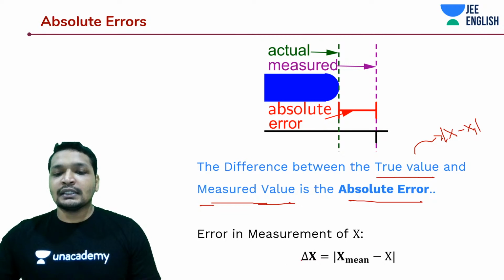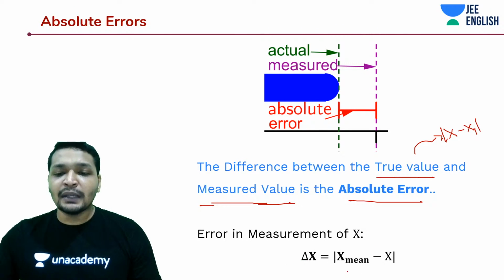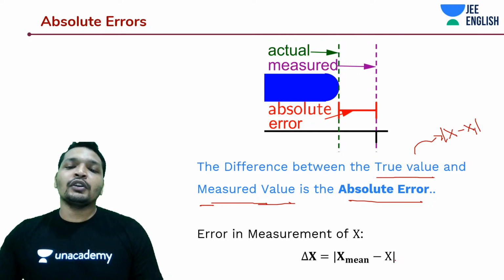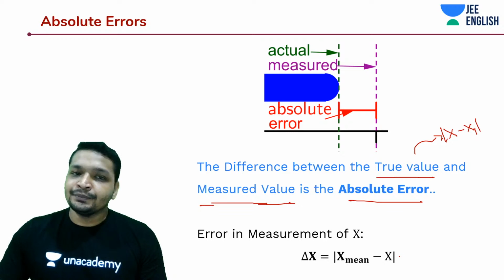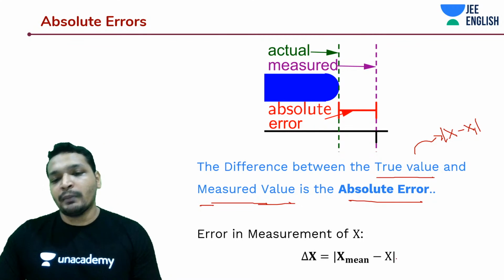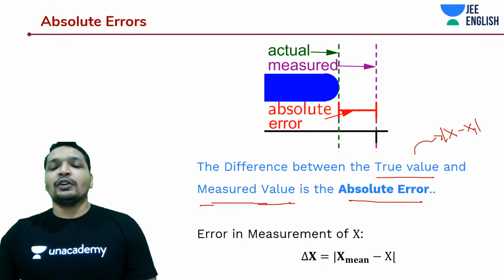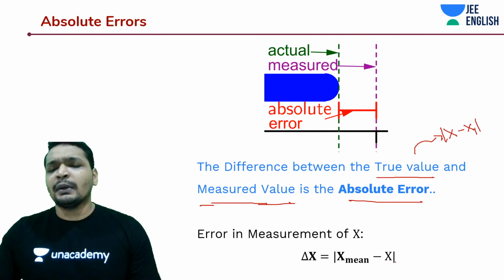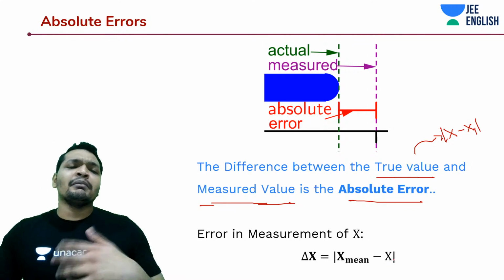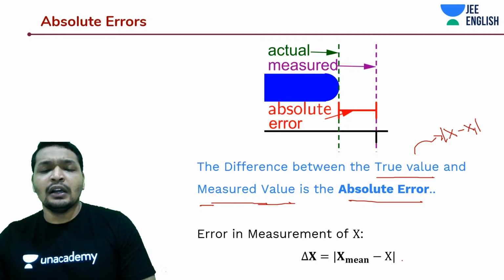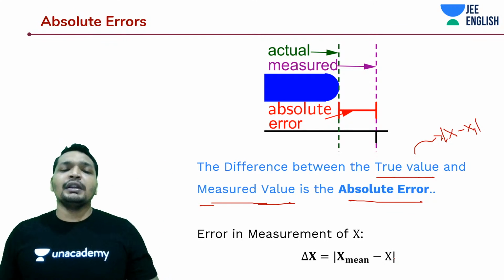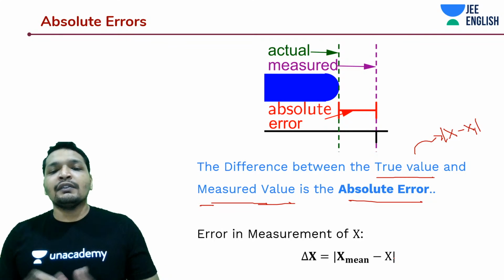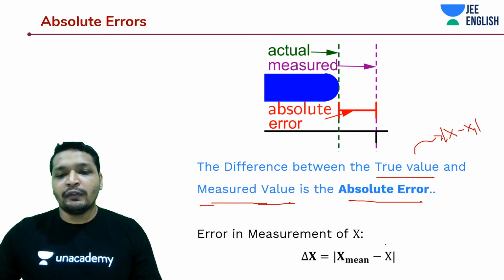Here it is written as delta x equals mod of x mean minus x. Why mod? Because it can be positive or negative, but we communicate it as plus or minus, since we are never sure what the deviation can be. It might lie on the left or the right side of the mean, but generally we communicate absolute values.